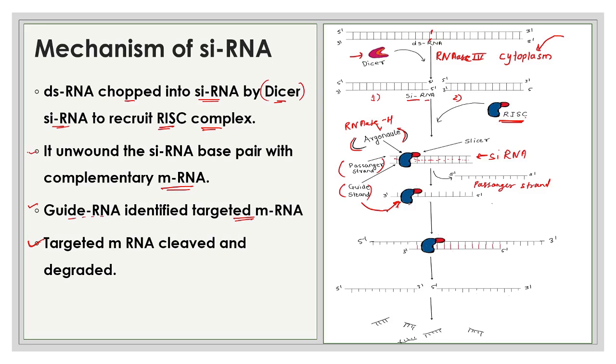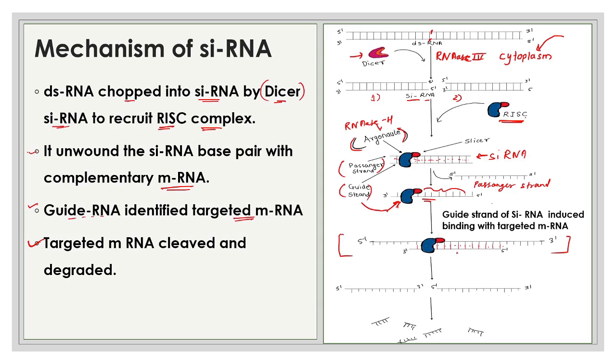Now the assembly is the RISC complex with the guide strand inside the cell cytoplasm. The guide RNA has a sequence complementary to the target mRNA. It recognizes the mRNA and binds to its complementary sequence, forming the mRNA-guide RNA complex with the RISC assembly.